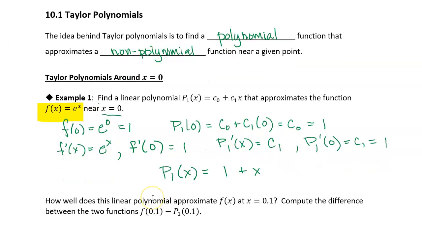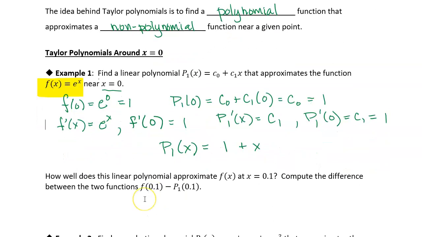So we might want to ask, how well does that approximate the function at, say, some small value near 0? Okay, so here's 1/10. We can take a look at and compare the actual value that we can get from our calculator, and then compare it to the value that we get with our polynomial approximation. So p1 at 0.1 is just going to be 1 plus 0.1, because x is equal to 0.1, right?